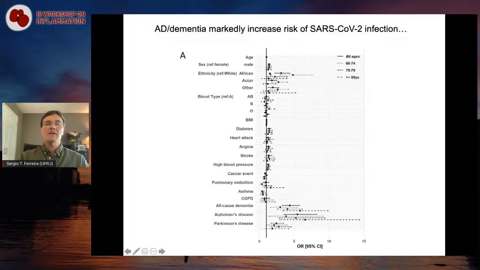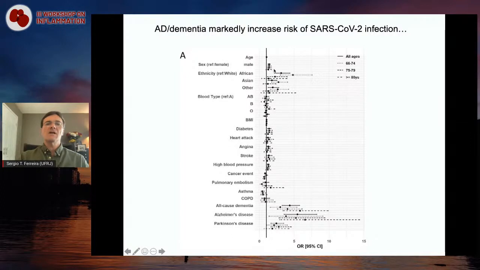And we find that, as has been well known, African ethnicity confers about a 2 to 3-fold increase in odds ratio. So down here, we find the odds ratio compared to white ethnicity, and so to people not having these disorders listed down here.